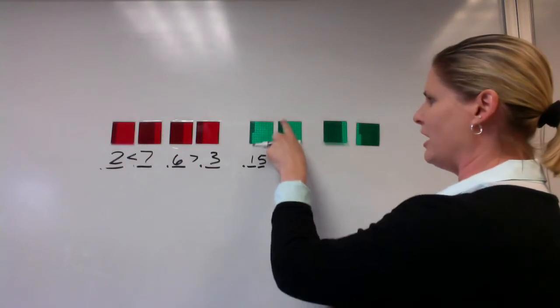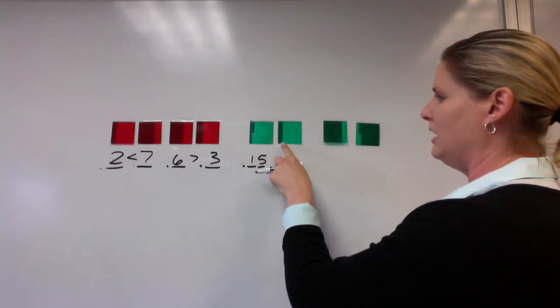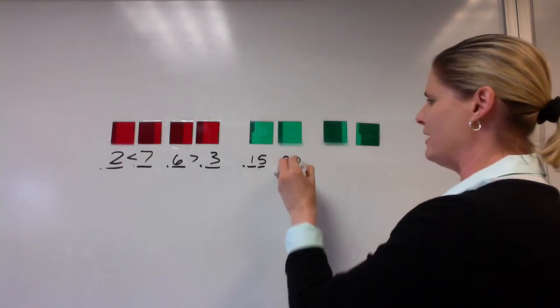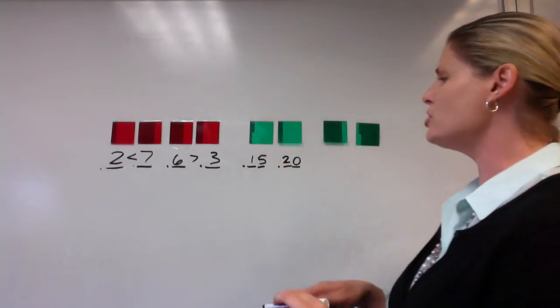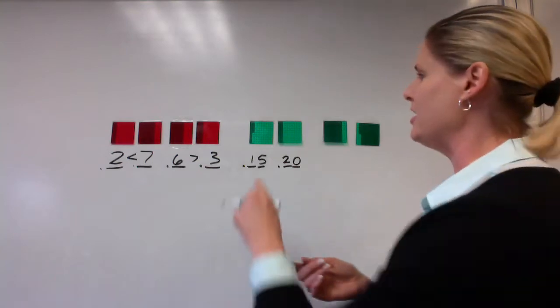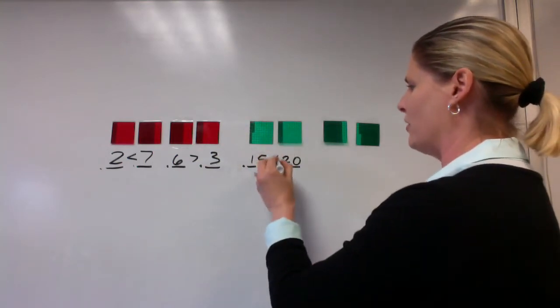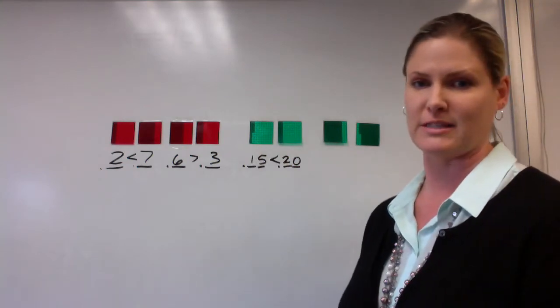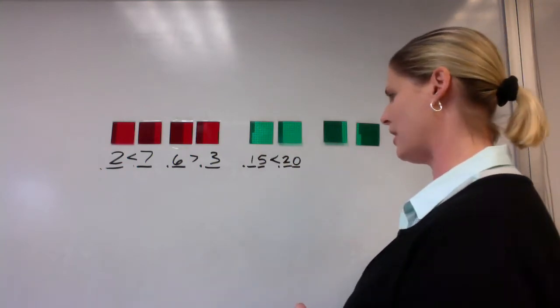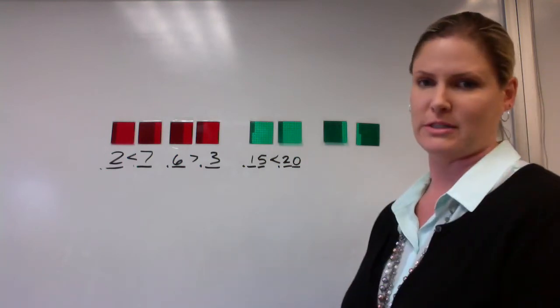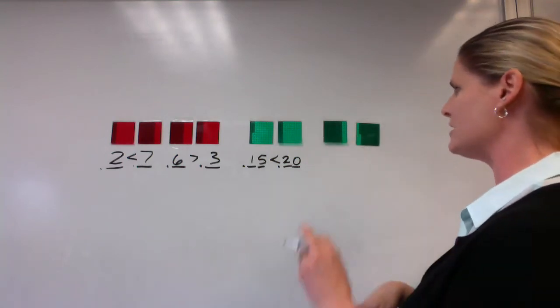Here, again, out of 100, we've got 2 rods completely colored in, so we've got 20. If you look at how much space is colored in, this one has more space, therefore the greater than sign would go towards the 0.20, and therefore 15 hundredths is less than 20 hundredths.